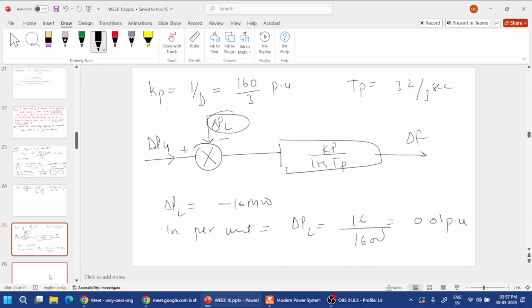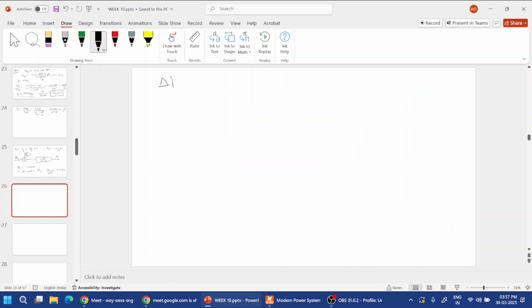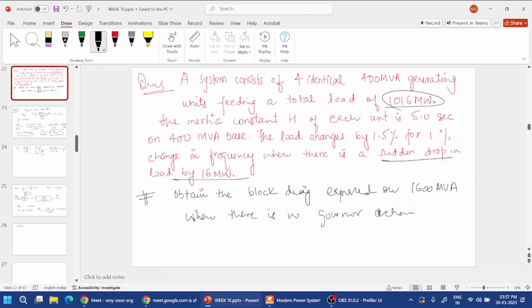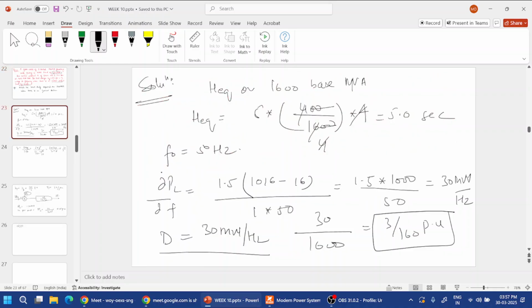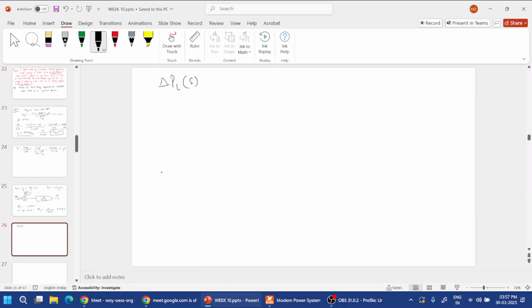Now for a step decrease, the load changes with a sudden drop in load. So we will assume a step decrease in load by 0.01. I will write it here.